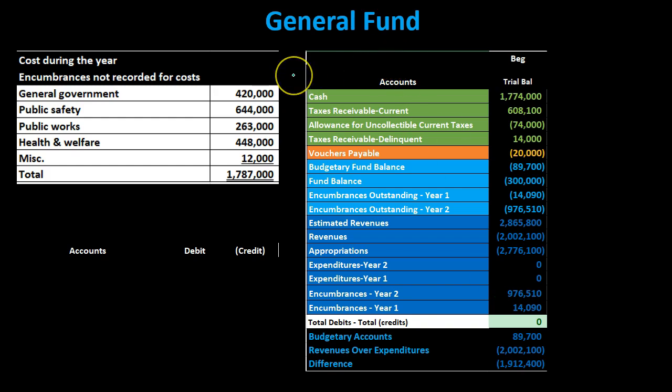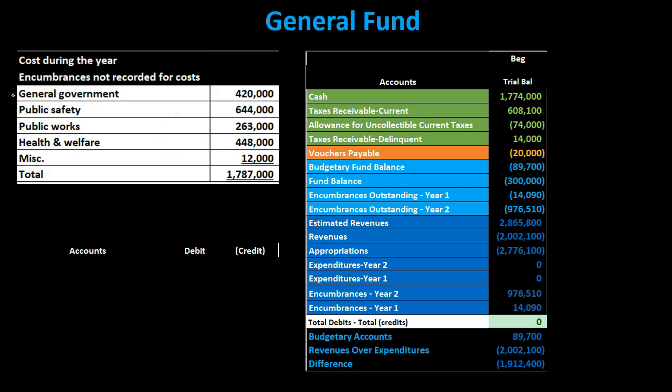These expenditures, we're going to call them payroll or wages related expenditures, weren't previously encumbered. They're not included in the encumbrances, and therefore we don't have to reverse the encumbrances, but can do the more normal type of transaction, which is simply to record the expenditure, those expense related items.